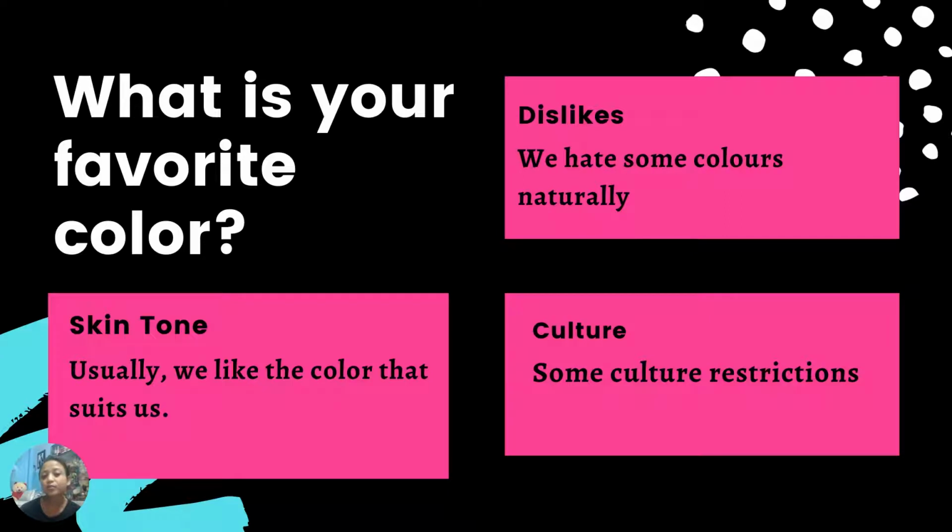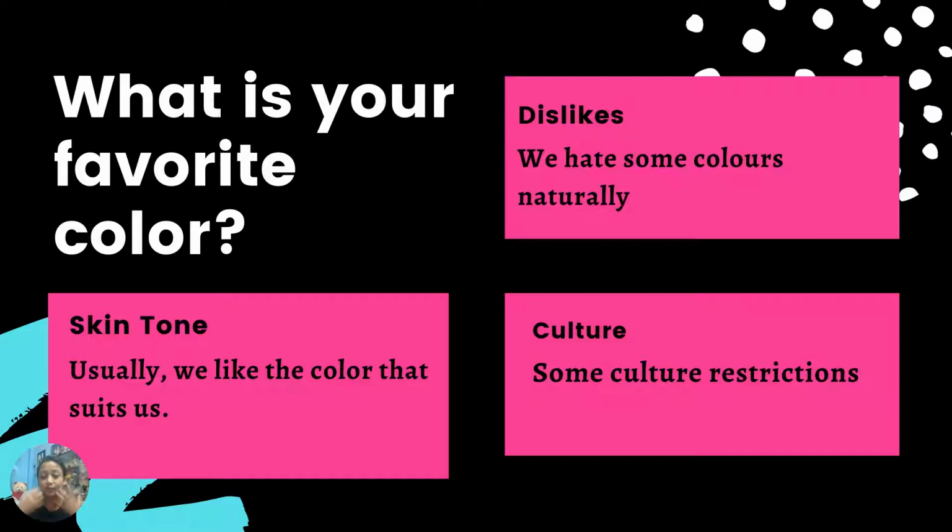Likewise, I also want to talk about your favorite color. Every person has their own favorite color. We say this is my favorite color, or I don't like this color. Why do we say that? Because our favorite colors are the ones which suit us very well, and they suit us because of our skin color or skin tone, right?